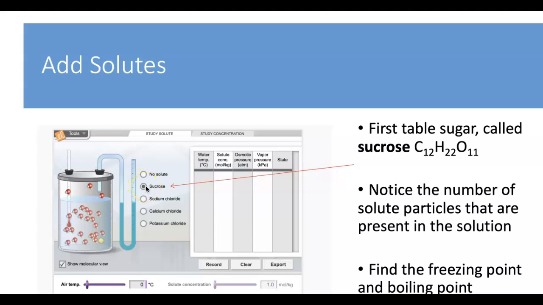After you test sucrose and get some information about sucrose, you're going to check sodium chloride, again making sure you know the number of particles, calcium chloride, and then potassium chloride. So you're going to test all of those solutes today.